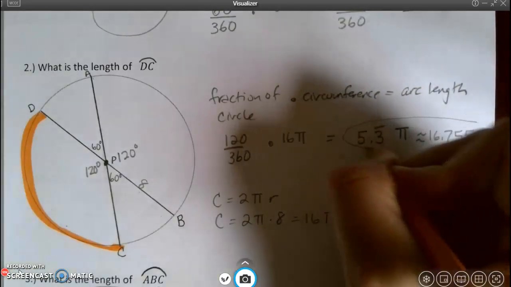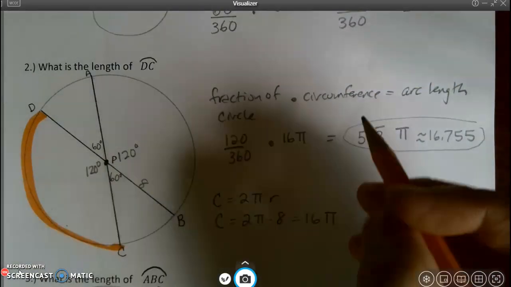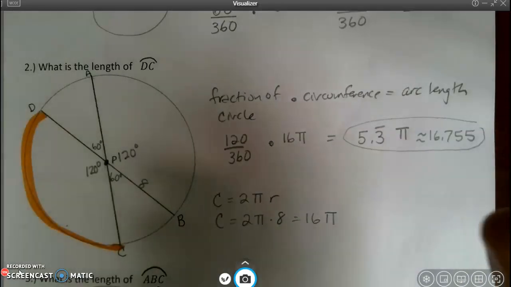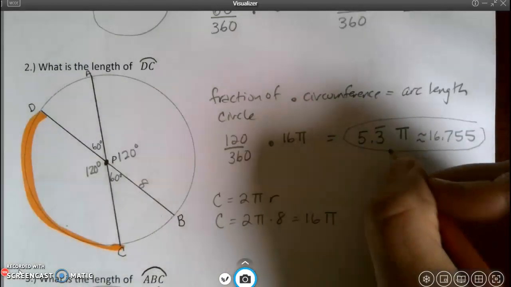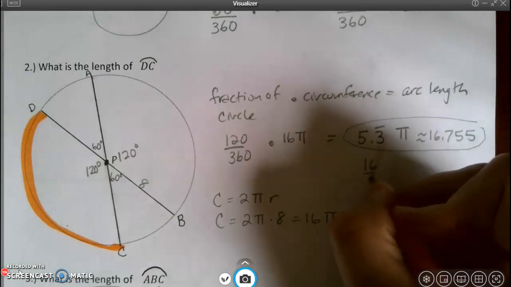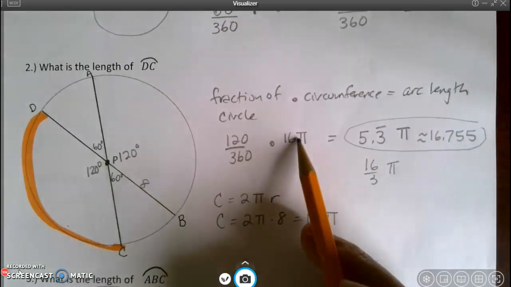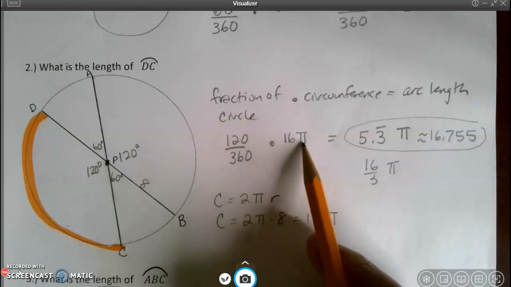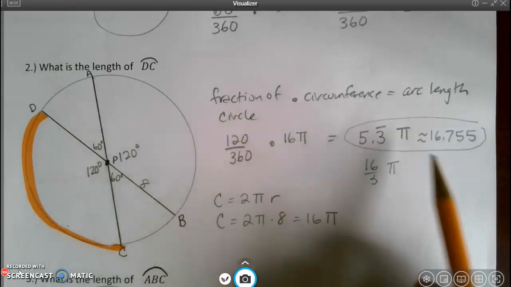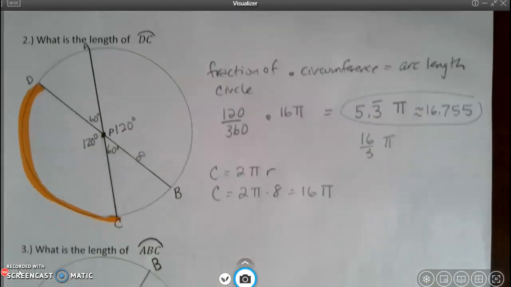So I could write it either way. And the 5 1/3 could be 16/3 pi, which is another way to have written that. Which makes sense, because 16 pi is the entire circumference, and this is 1/3, 16/3.